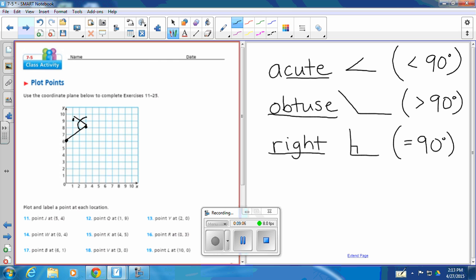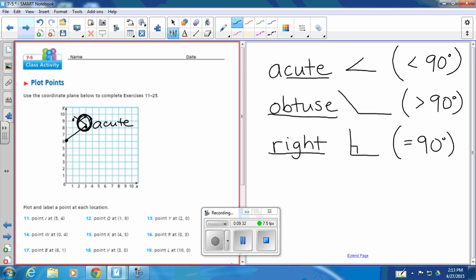Look at this hinge here. Is that larger than, equal to, or less than 90 degrees? It's less, so that would be an acute angle. It is smaller than 90 degrees. So this bend, this little elbow right here, is less than a 90-degree angle.